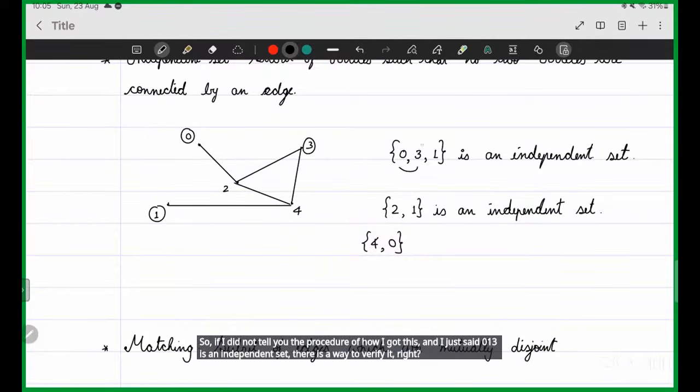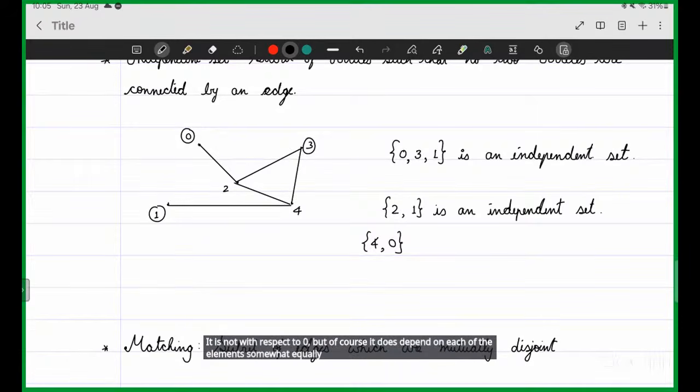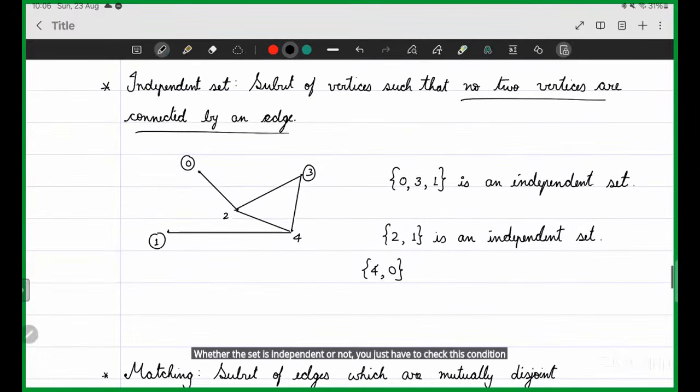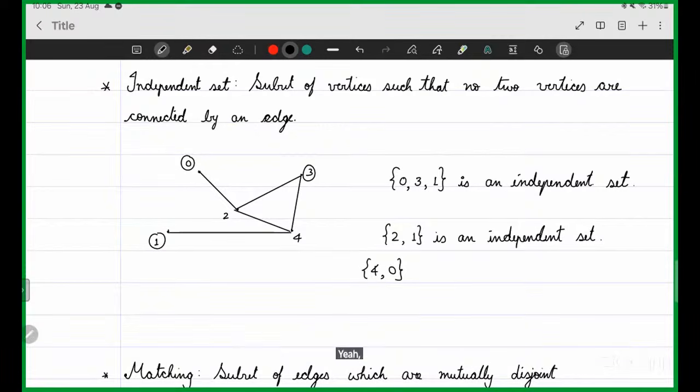You check whether between 0, 3 there is an edge, 3, 1 there is an edge, 0, 1 there is an edge. If there is no edge, then it's an independent set. So it is not with respect to 0, but it depends on each of the elements somewhat equally. Whether the set is independent or not, you just have to check this condition. Is this condition satisfied? Then it's an independent set.